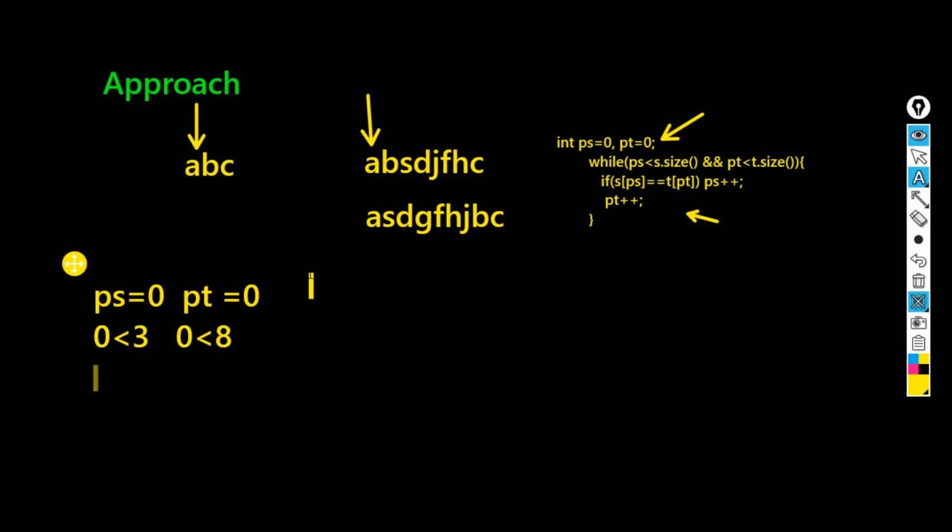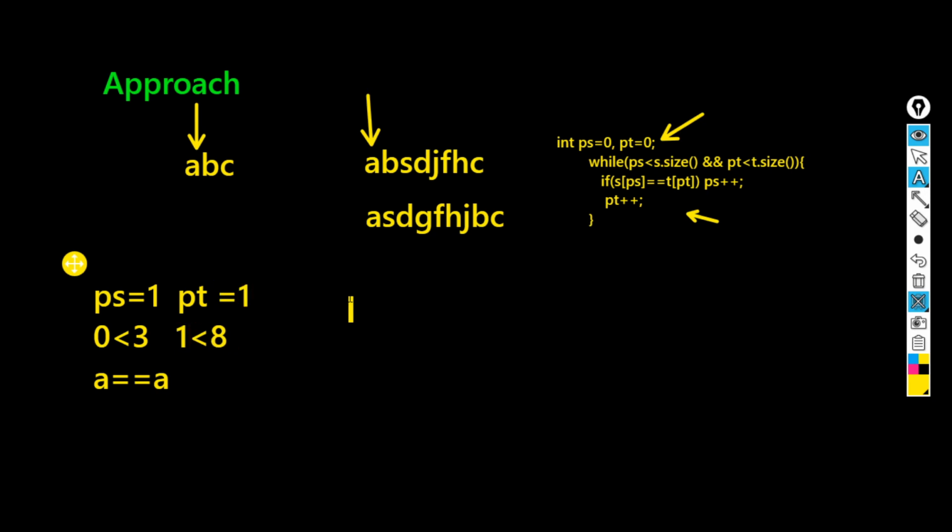Now we check whether S's character at index PS is equal to T's character at index PT. Here both have value A. So this is equal. Now PS will be incremented by 1, and at the end of the loop PT will also be incremented by 1.